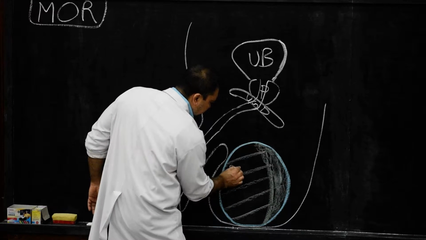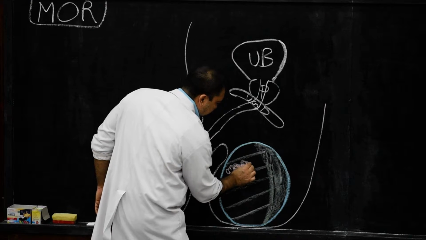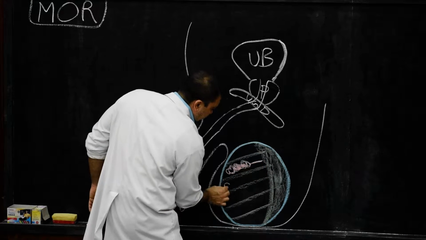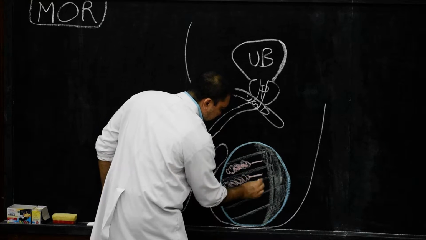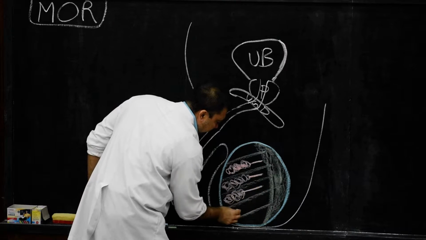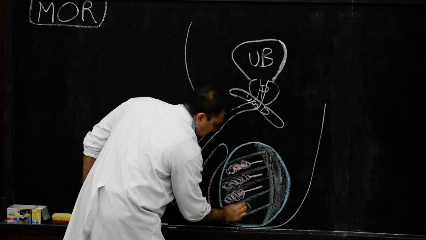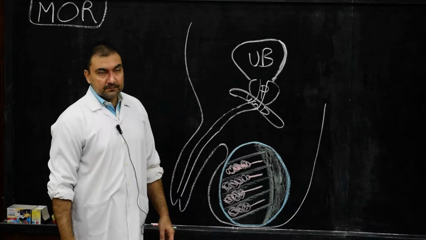These are the seminiferous tubules which are coiled here, and then they will become straight in the posterior. So they are coiled here, and then they become straight. Here also we show they are coiled in the anterior, they become straight. So this is how the seminiferous tubules are arranged.